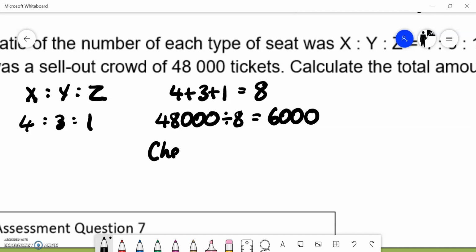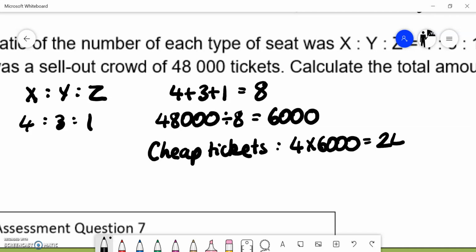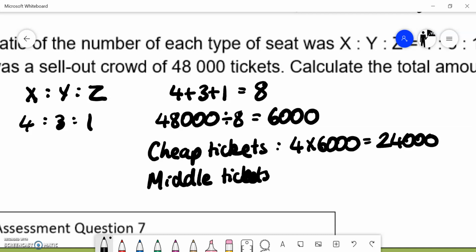So the cheap tickets, there's 4 lots of 6,000. So altogether, there were 24,000 cheap tickets. For the middle tickets, there was 3 lots of 6,000, which is 18,000.